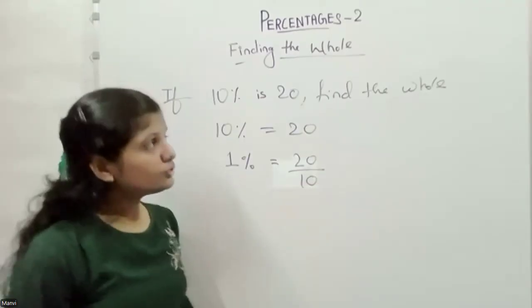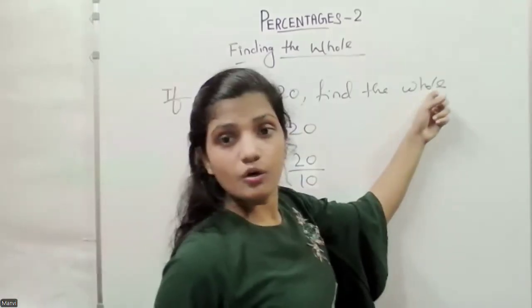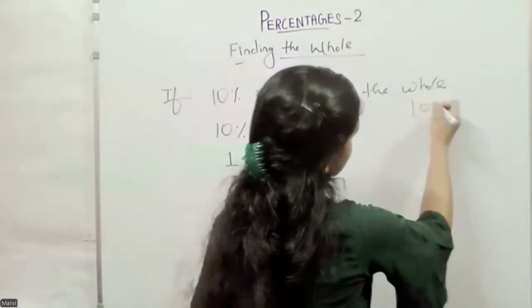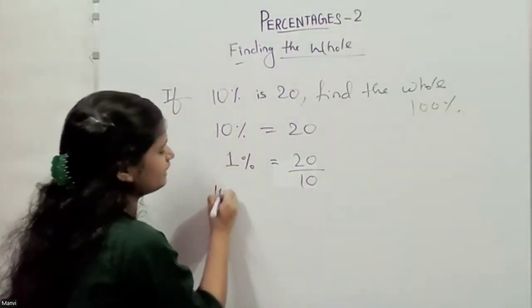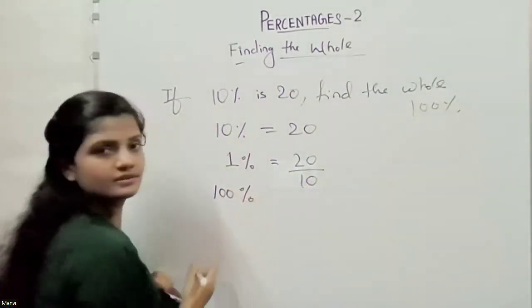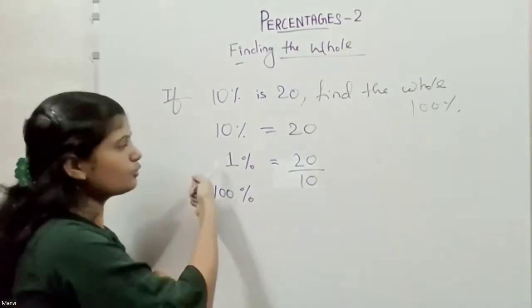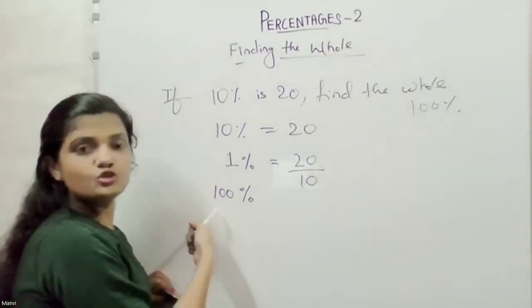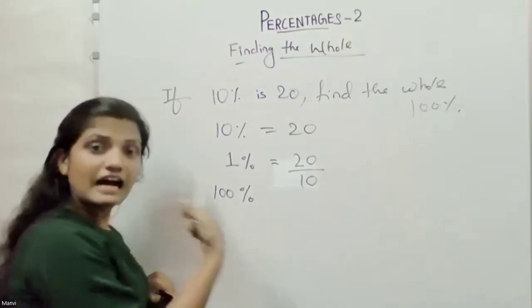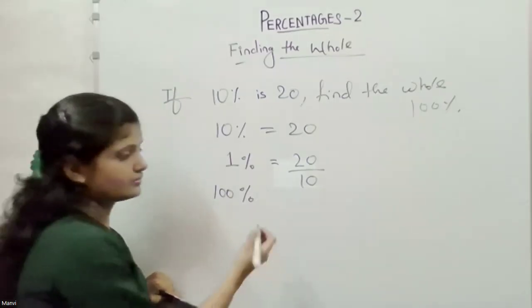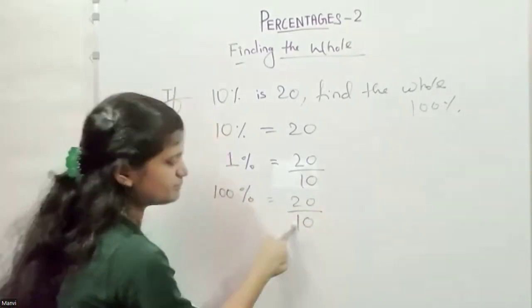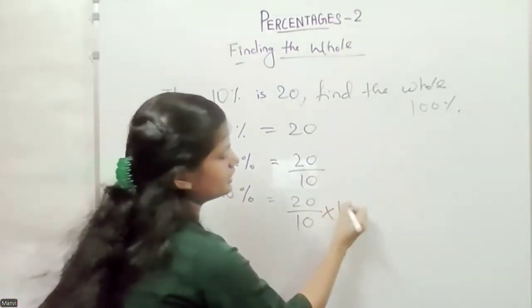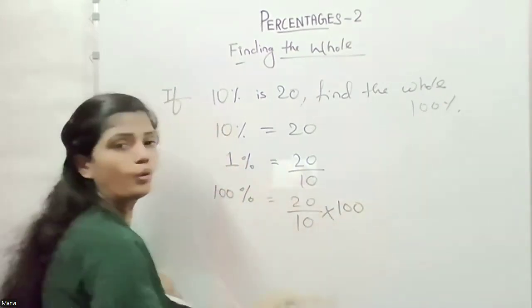Now, the whole is actually what? The whole is 100%. Which means now we have to find the value of 100%. And this 100% is more than 1, so we need to multiply by 100. So 20 by 10, which is the value of 1%, times 100, because this 100 is the whole.